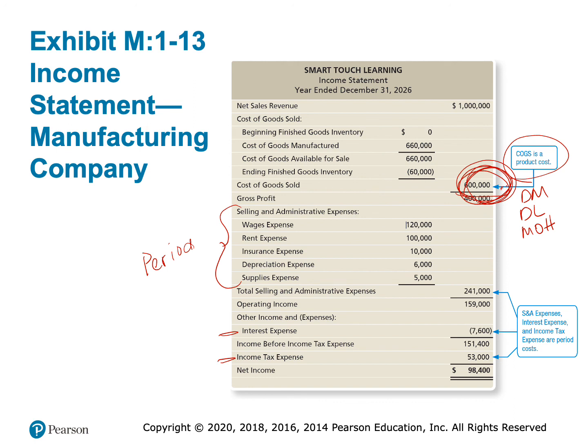Okay, so when we look at these, you just need to understand that as you're looking at a manufacturer's financial statements, some of these costs are, I'm going to use the word hidden, not because they've done anything wrong or illegal or unethical. They're doing exactly what GAAP tells them to do. It's just that some of these costs, if they happened at the factory, if they were associated with producing the product, they're hidden up here in cost of goods sold.